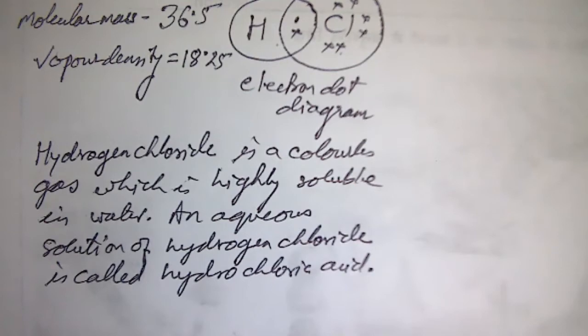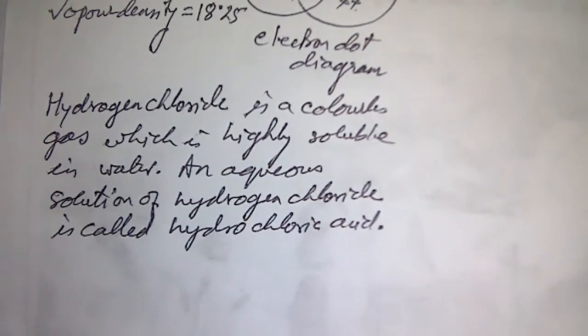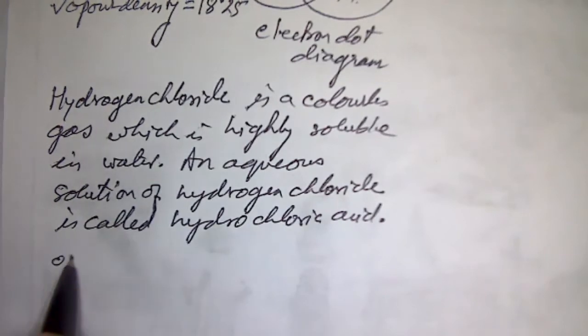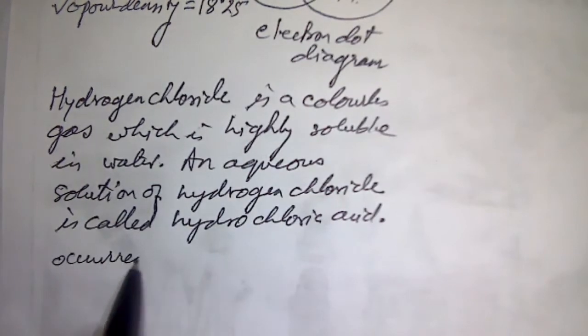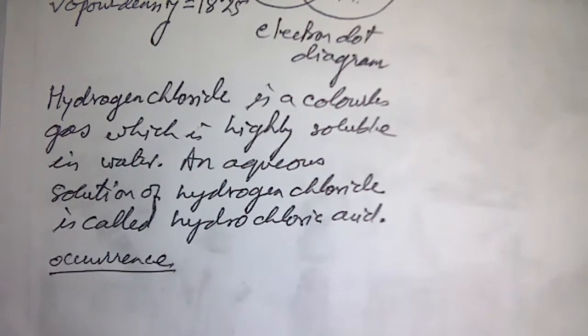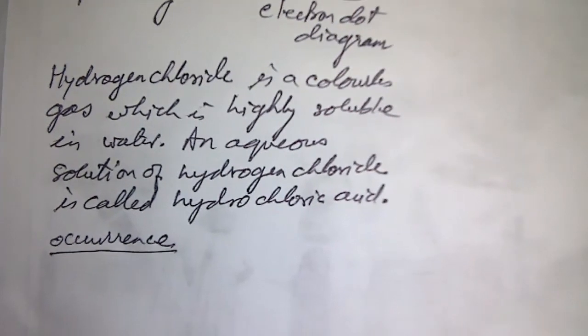So if I talk about occurrence, normally in nature you don't get it directly. Clear? In free state, it is found in the volcanic gases coming out from volcanoes.